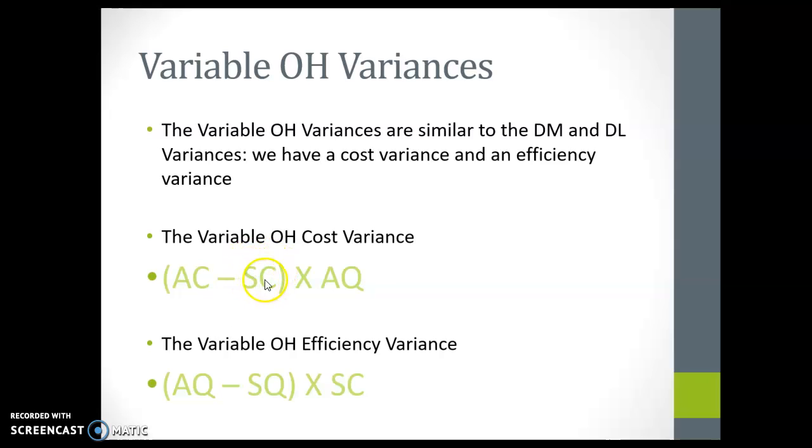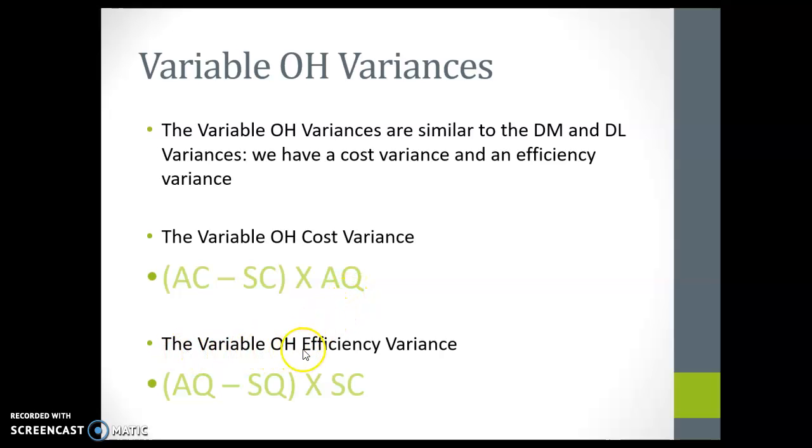Now the standard variable overhead cost is the one we just calculated on the previous screen, and we're going to multiply that by the actual quantity. In this case, the quantity is the direct labor hours, the cost driver. So this is the actual quantity of direct labor hours.